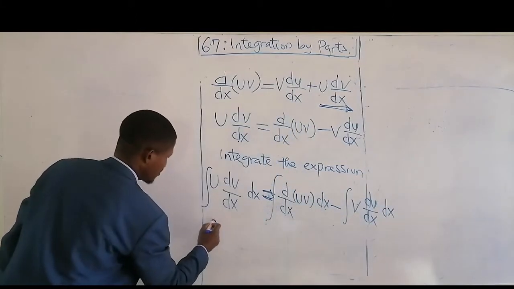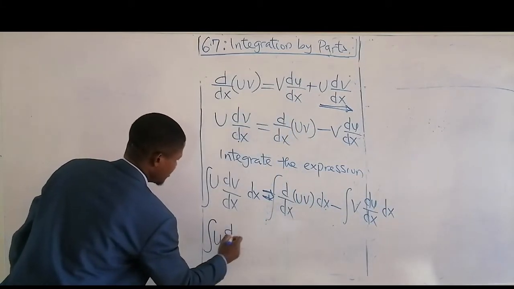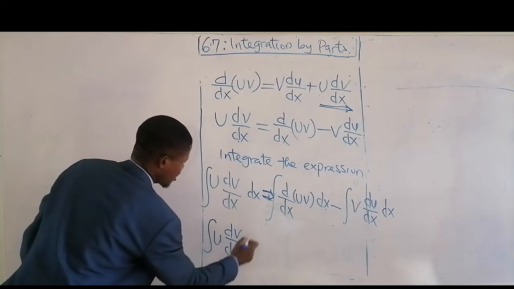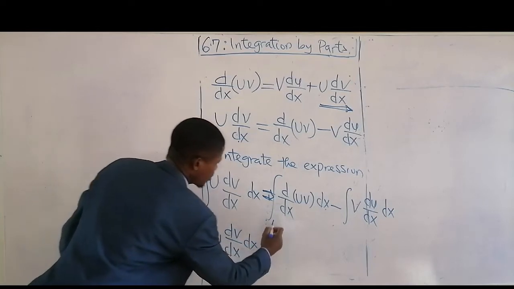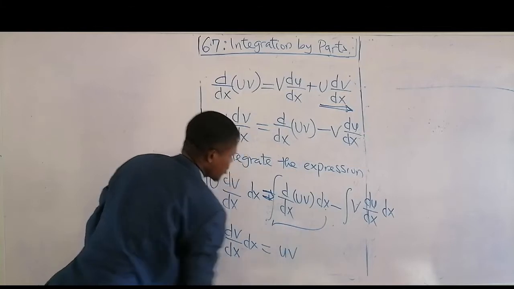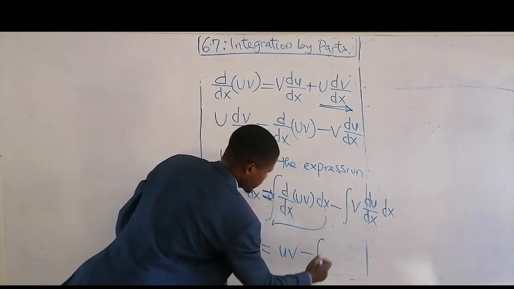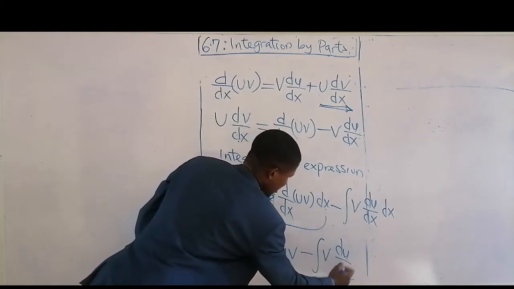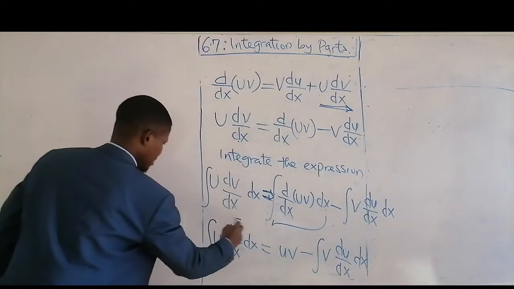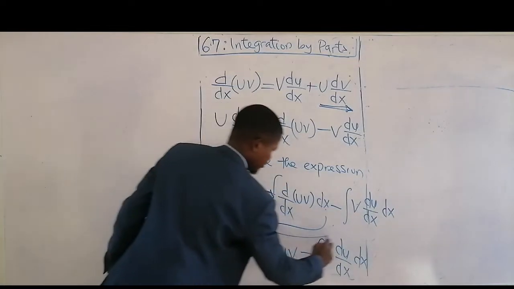And this will now give us the integral of u dv/dx dx equal to uv minus the integral of v du/dx dx. So that is the formula for integration by parts.